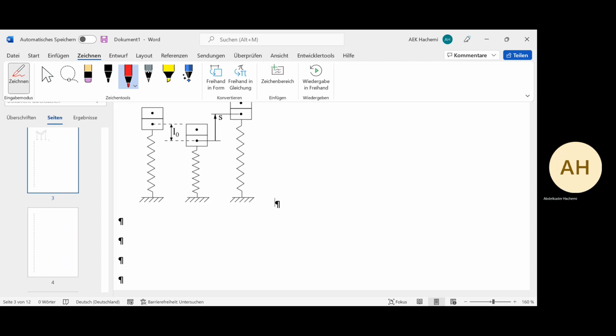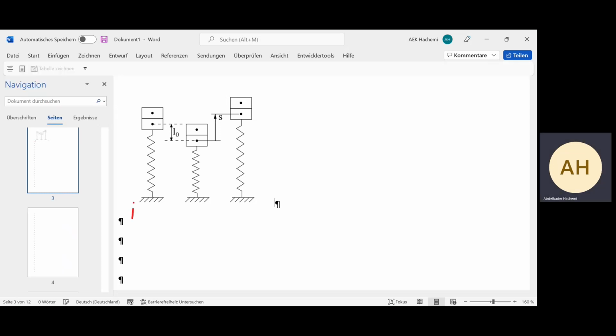This is the initial state, that means at rest, under the weight of the mass M1 and M2.